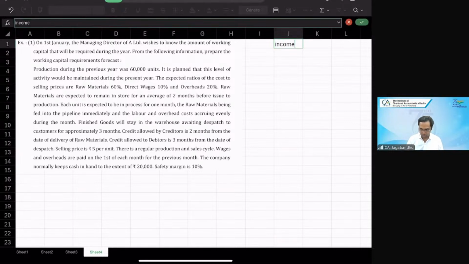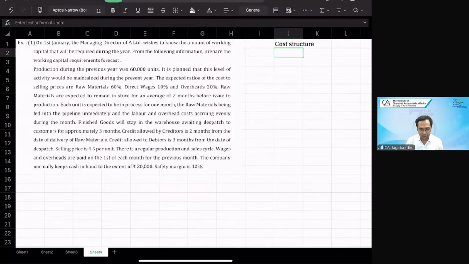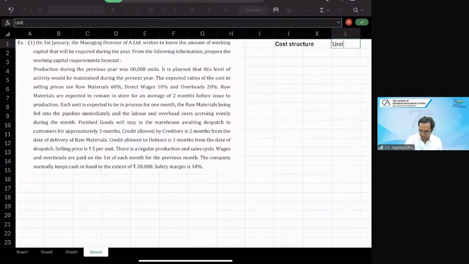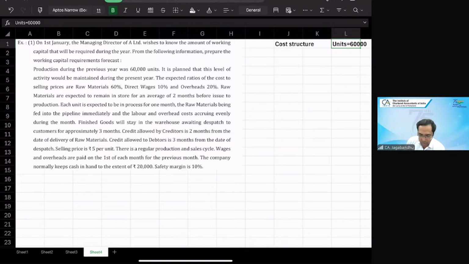So, for the cost structure, we are selling 60,000 units. It is planned that this level of activity will be maintained during the present year. The expected ratios of cost to selling prices are raw material 60%, direct wages 10%, overheads 20%. And each unit selling price is given in the question to be 5.